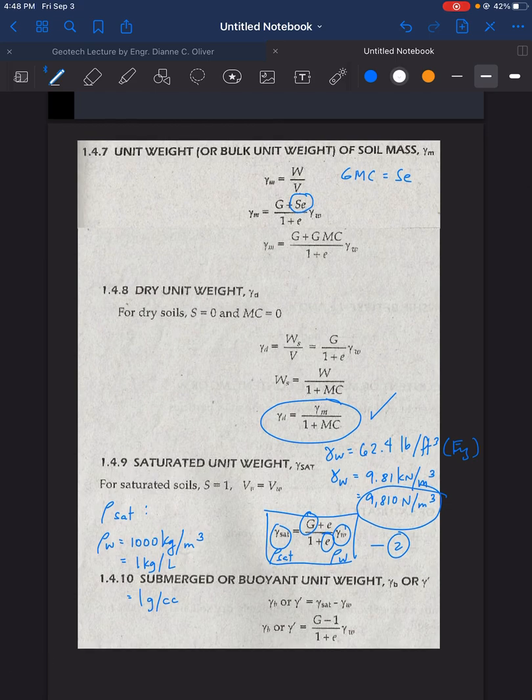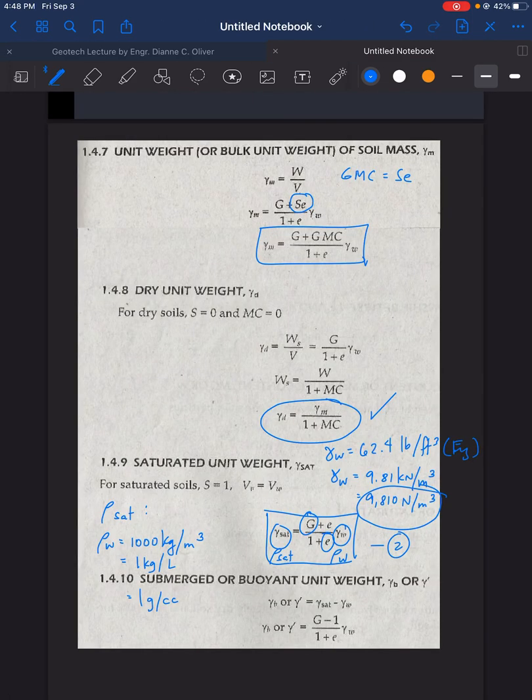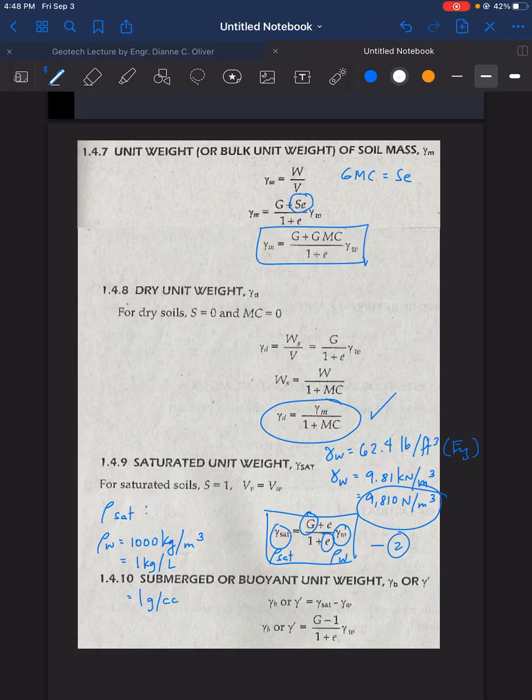So we can use the formula for gamma moist to find the value of E. Okay? So gamma moist is equal to G plus GMC over 1 plus E gamma water.